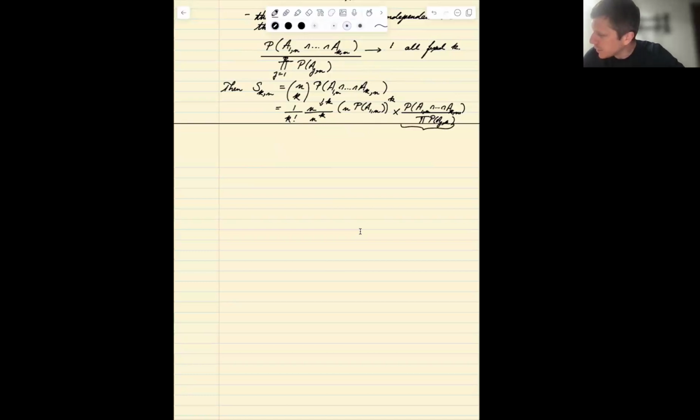So this is approximately 1. This is lambda to the k. This is approximately 1. And this is 1 over k factorial. So this is going to lambda to the k over k factorial.